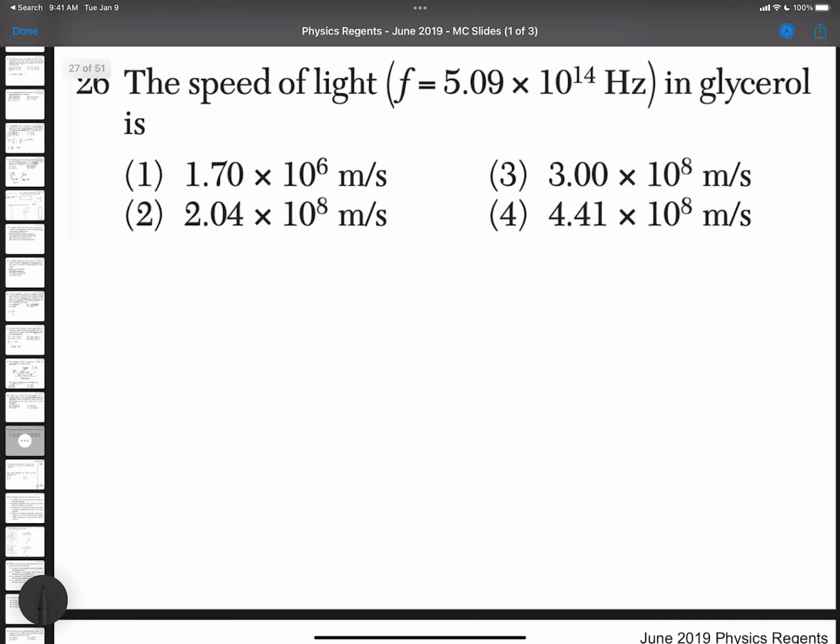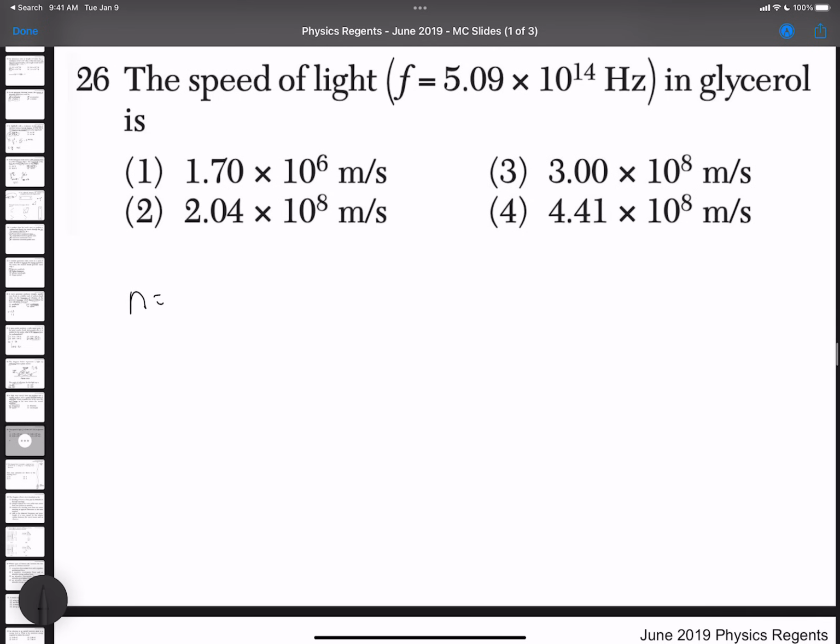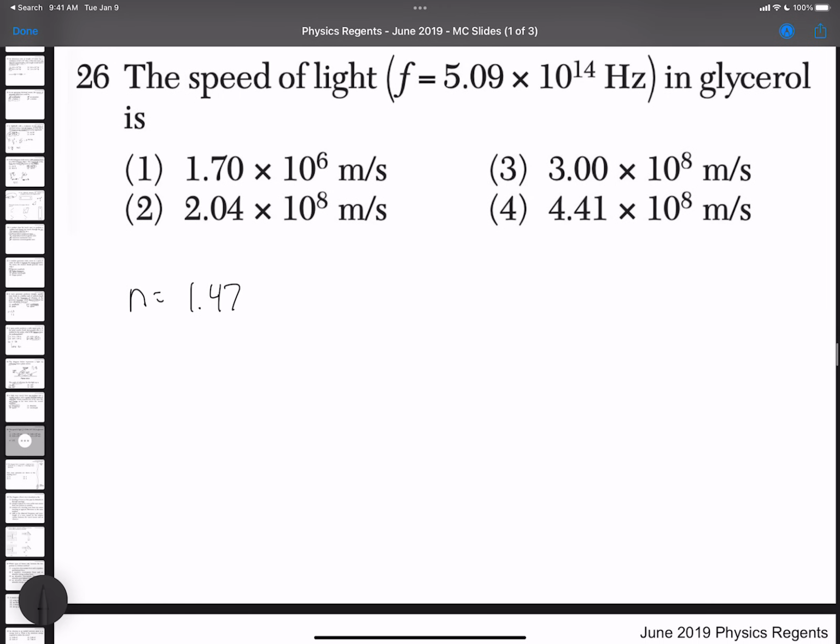All right, question 26. The speed of light in glycerol is. A hint in understanding this question is the inclusion of the frequency of the light. That's a number you've seen before on page 2 of the reference table. The absolute indices of refraction. The absolute index of refraction of glycerol is 1.47. Remember, the index of refraction, that equation relationship being on page number 5 of the reference table, states that the index of refraction is the speed of light in a vacuum divided by the speed of light in that medium.